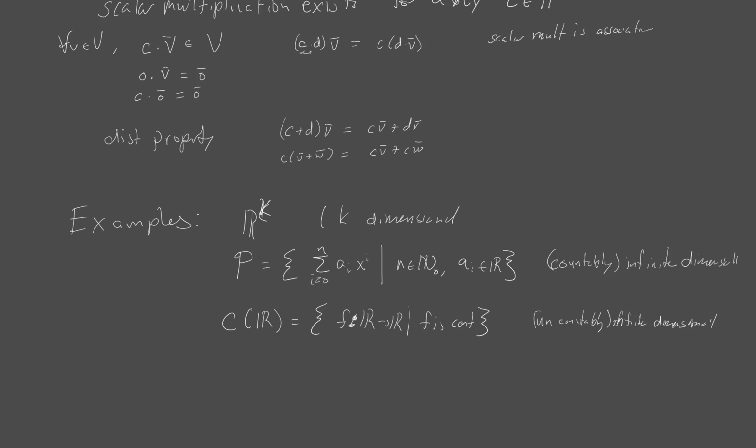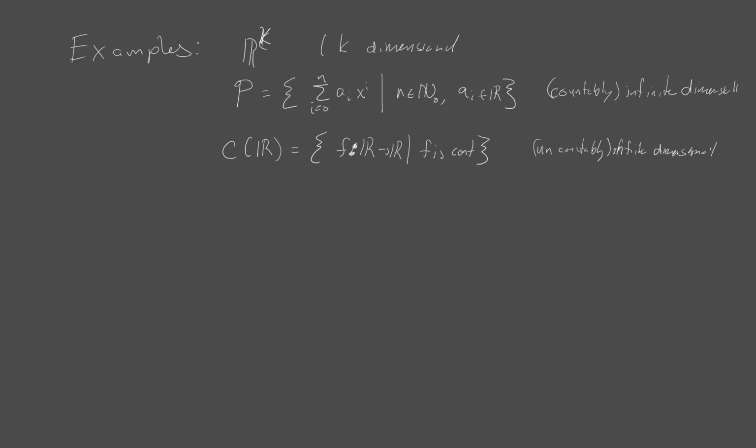Each one of these actually can have an inner product put on it. And the inner product is what allows us to do the topology stuff. We can take the inner product and we can get a topology on these sets, these vector spaces. So let's state what needs to be done for an inner product.